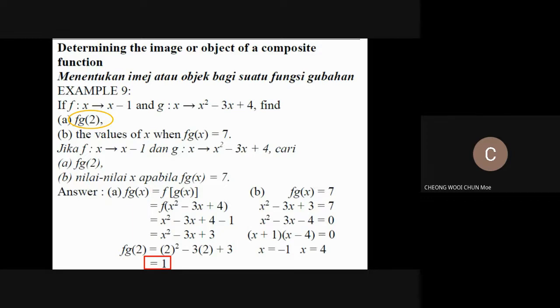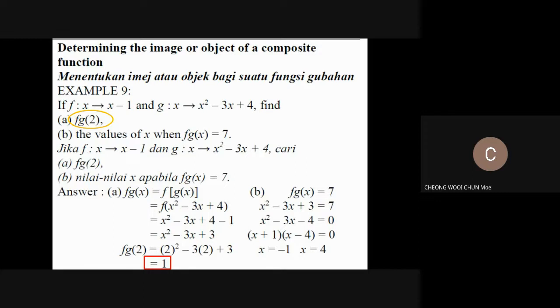Then g(x) is x squared minus 3x plus 4, replace inside the f, so x squared minus 3x plus 4 minus 1. Then we can simplify, 4 minus 1, you get 3. So x squared minus 3x plus 3.